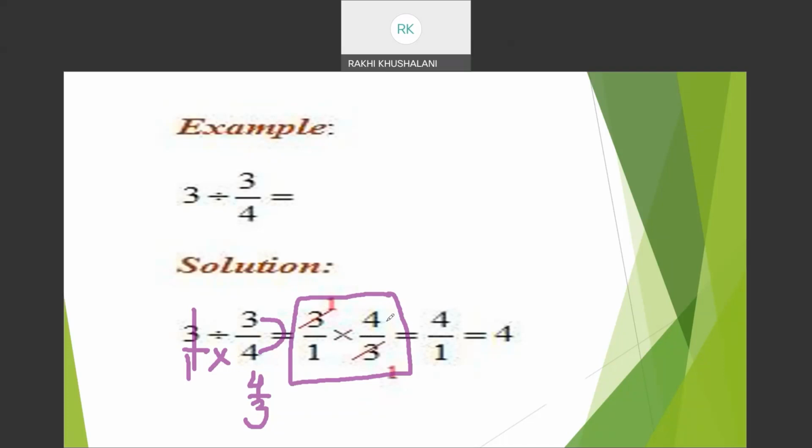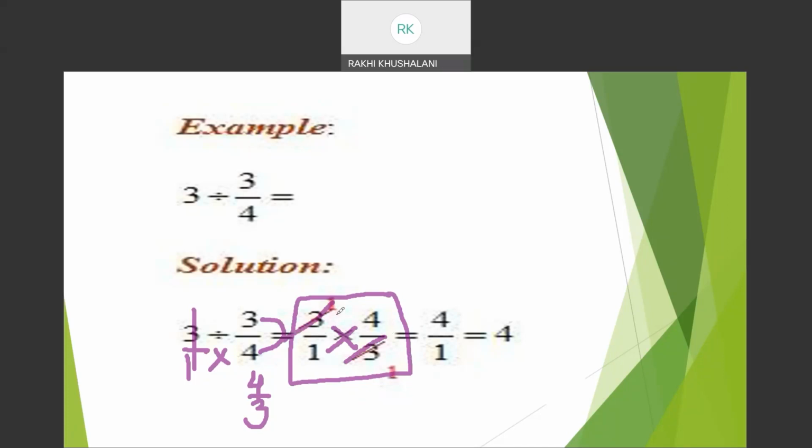So what are we going to do now? There is a multiplication sign here. You can directly do the cancellations. 3 into 1 is 3, and 1 into 1 is 1. I have told you that in multiplication, numerators are multiplied by numerators and denominators by denominators. When did we learn this? While doing equivalent fractions.